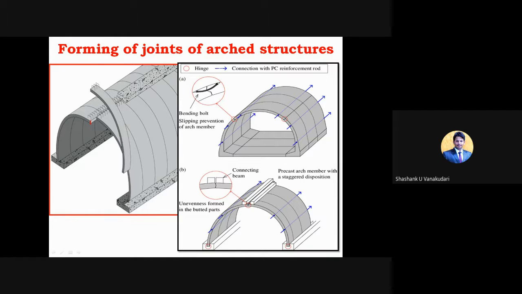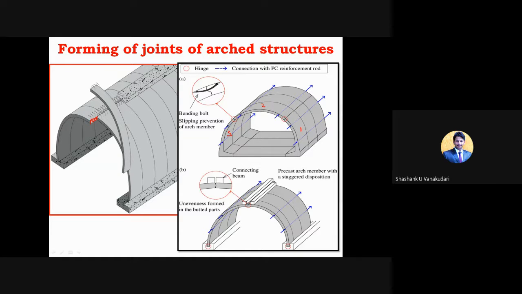As per the slope of the arch, we can provide these bending bolts. And here you can see the three structural components. This is one, this is two, and this is the third one. Separately they are going to manufacture this first, second, and third structural element, and then install them. Here you can see only the two arch members, and at the center part we can place this.